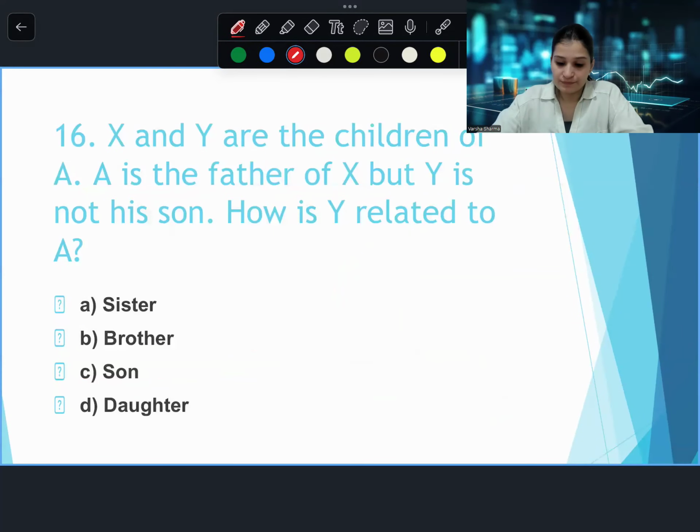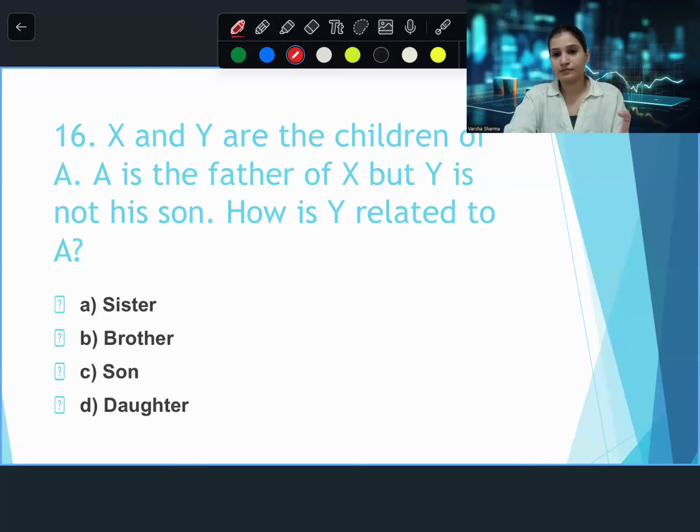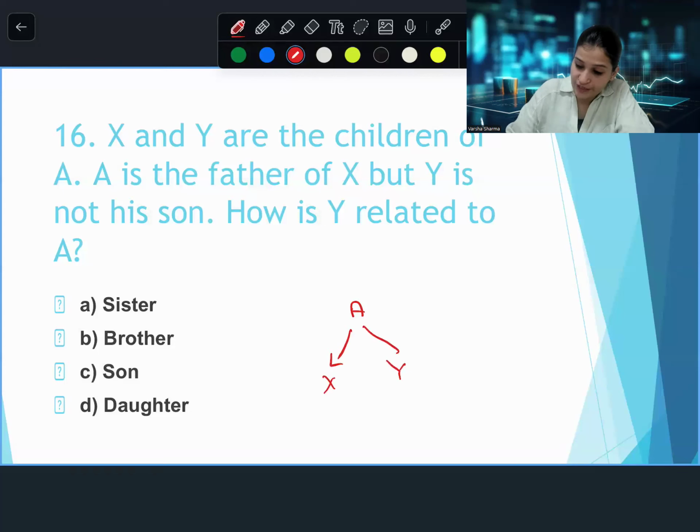16. Daughter. Question number 16. X and Y are the children of A. We are not sure about the gender of anyone.